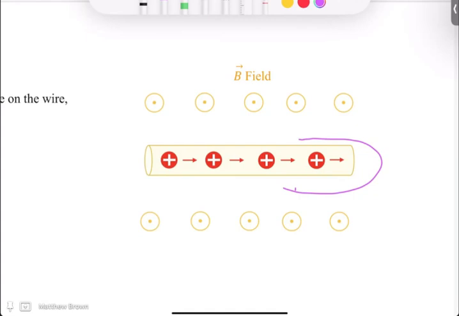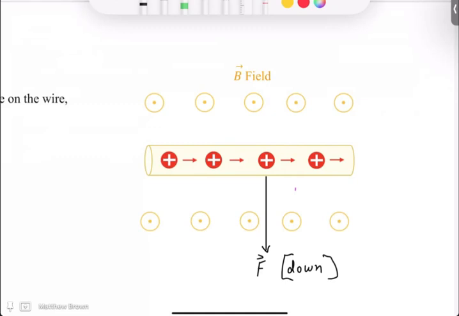But because the magnetic field is coming out, the fingers of my right hand have to come out of the page. And that means the force on this wire would be down. Just the same way I would do it for an individual charge. It's just lots of them.